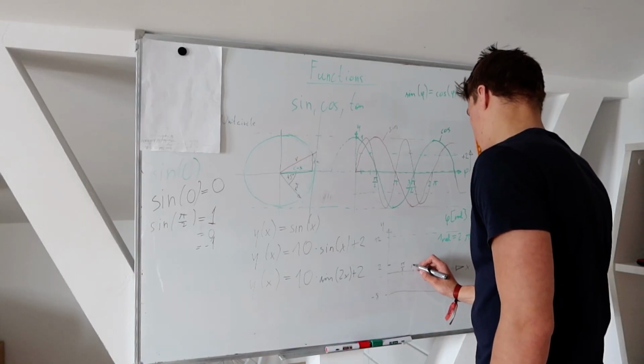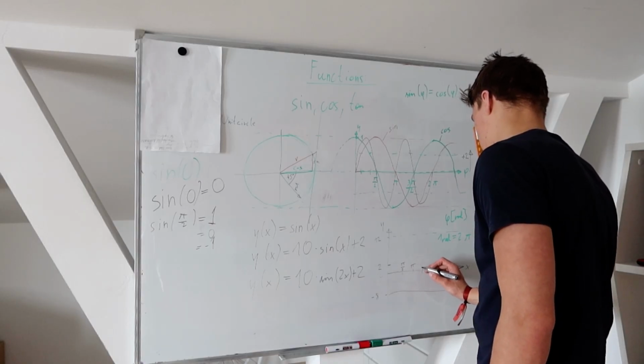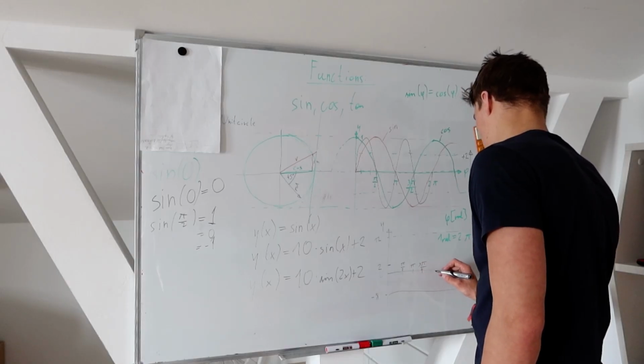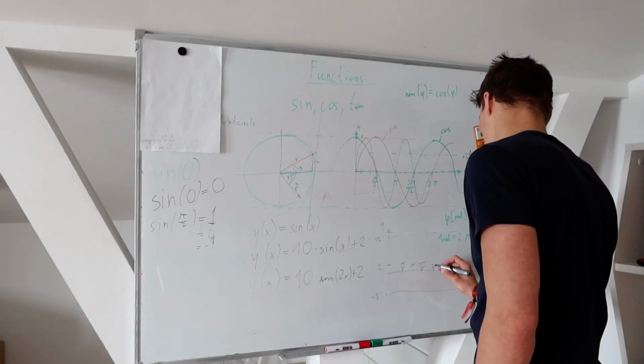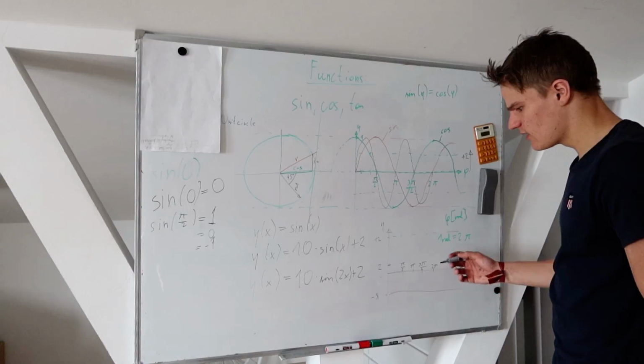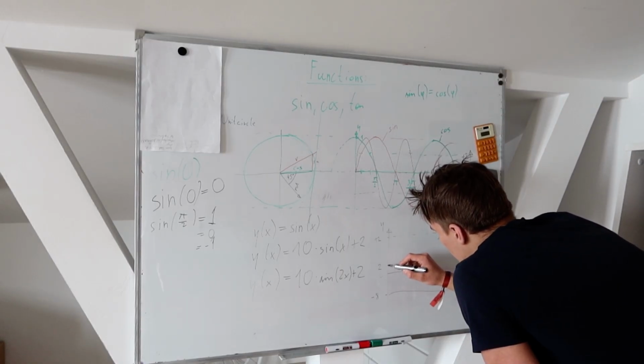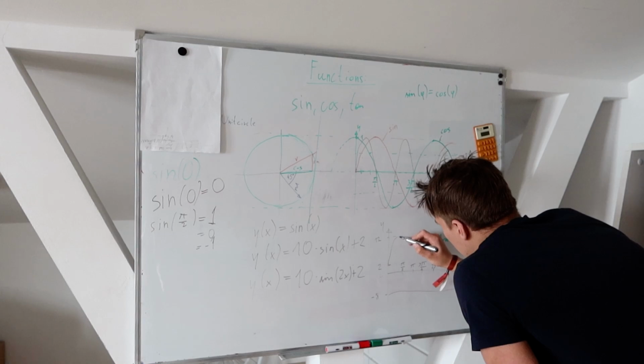Just thinking of a better or a faster way to sketch this, but 3 pi over 2 and 2 pi. Great. And now we can actually do it. So we have this.